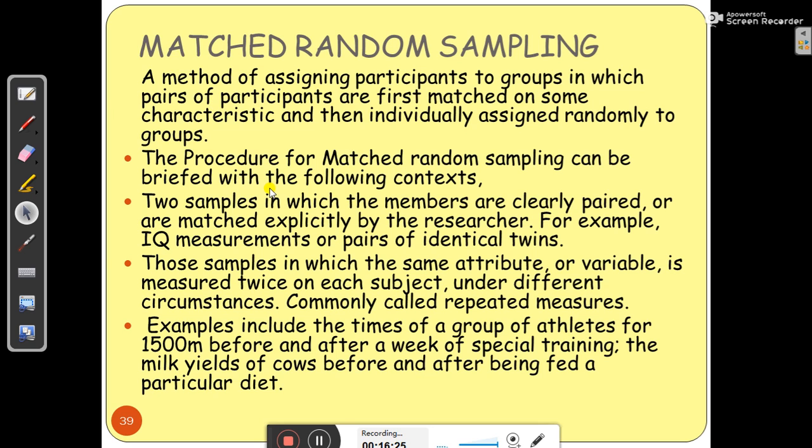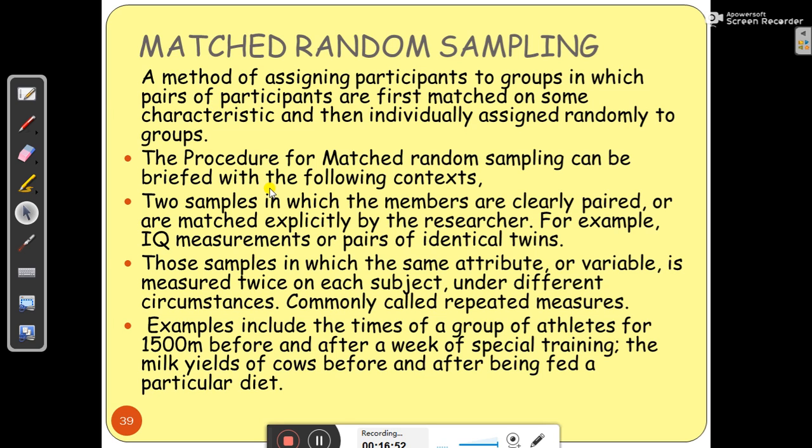Those are samples in which the same attribute or variable is measured twice on each subject under different circumstances, commonly called repeated measures. Examples include the times of a group of athletes for 1500 meters before and after a week of special training, and the milk yields of cows before and after being fed a particular diet.